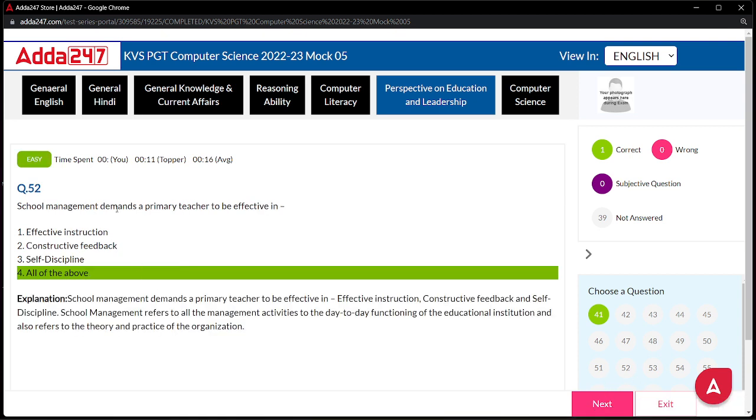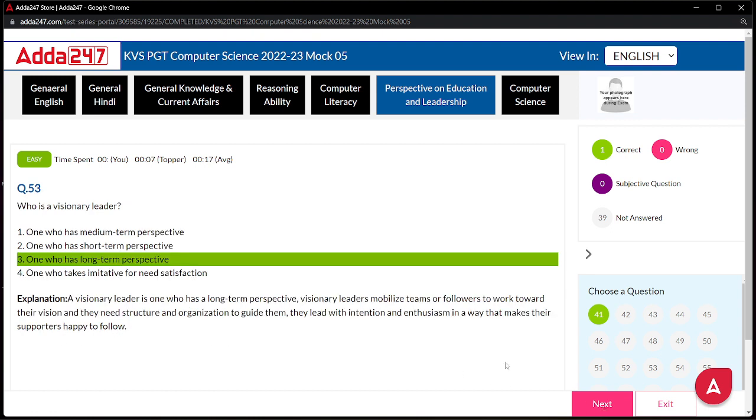Next, school management demands a primary teacher to be effective in instruction, constructive feedback, and self-discipline. In the explanation, school management refers to all management activities, the day-to-day functioning of the education institution, and also refers to the theory and practice of the organization.